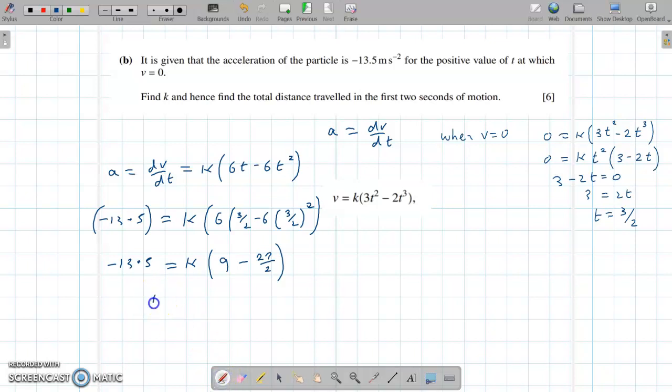Therefore k is minus 13.5 over minus 9 over 2. So k is 3.